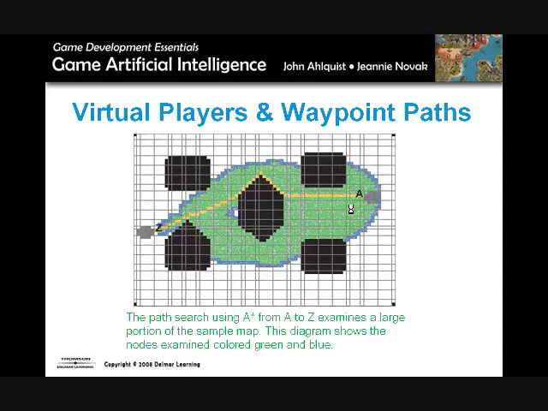So based on the length of the path, it's roughly the square of that you're going to have to compare in path nodes. As you can see, you're looking at a lot of different paths that aren't the optimal solution. You don't really need to compare anything over here. You don't really need to compare anything over here. We're intelligent. We know roughly the shortest distance is a straight line, so we're going to try to stay as close to a straight line as possible. We wouldn't veer off over here.